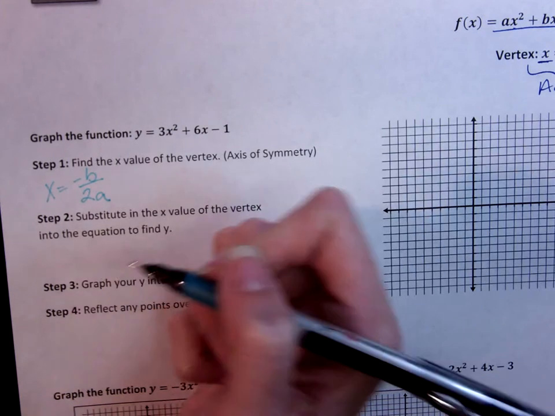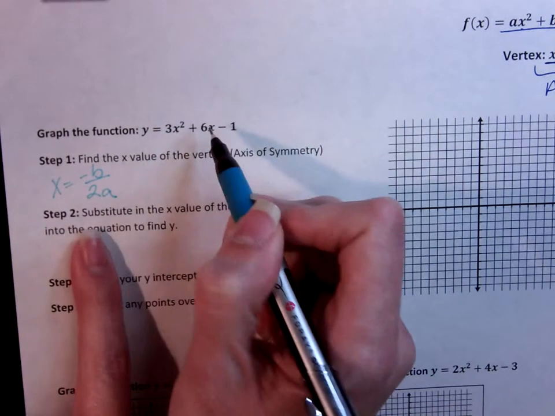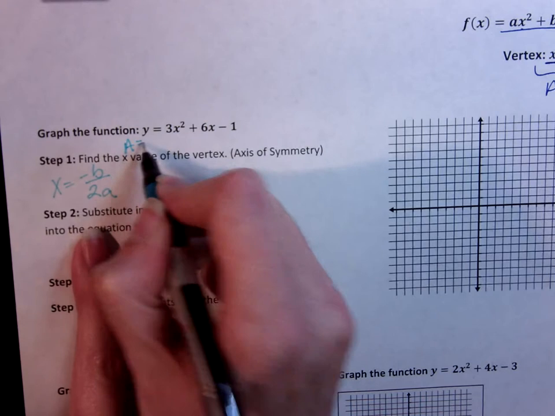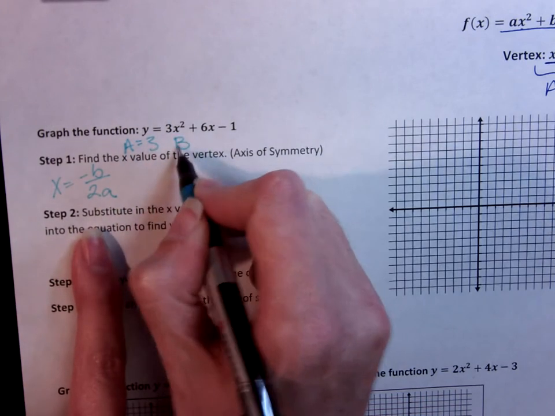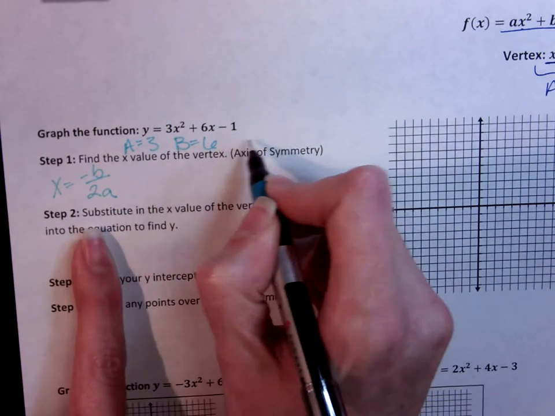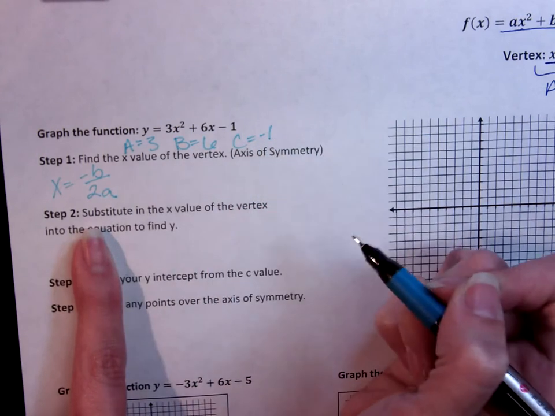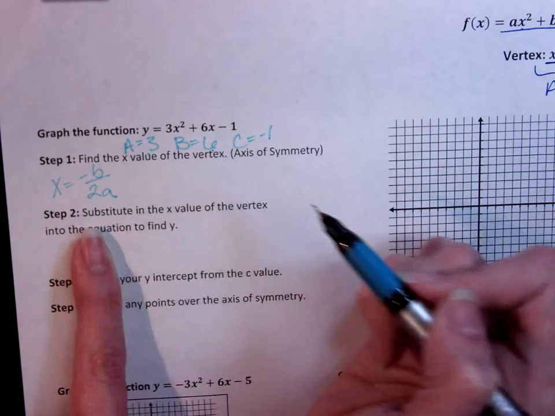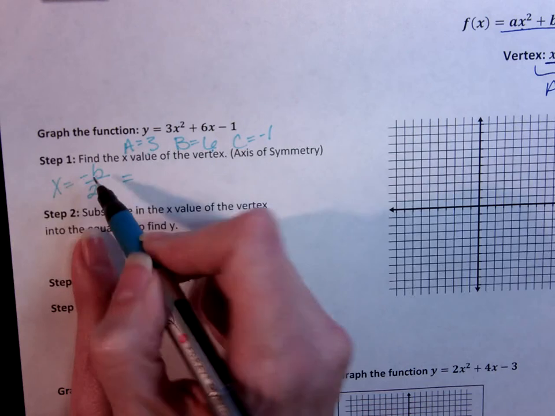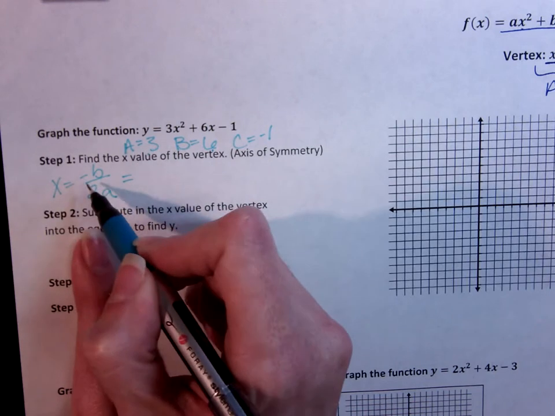When I look at my equation, I need to make a list. A is 3, b is 6, c is negative 1. I need the 3 and the 6. Now what's important is that we pay attention to this negative that came with the formula.